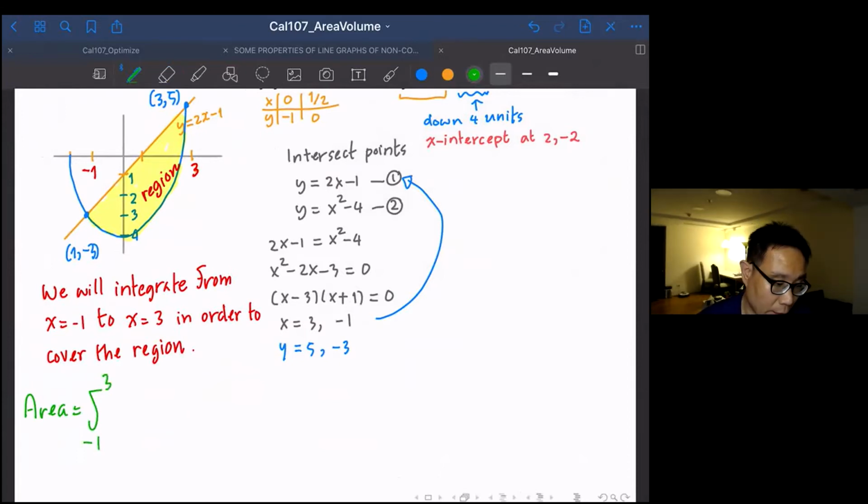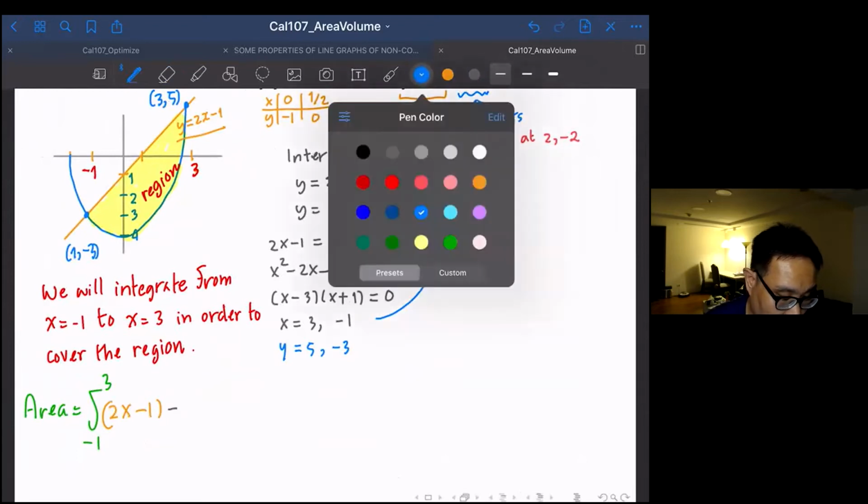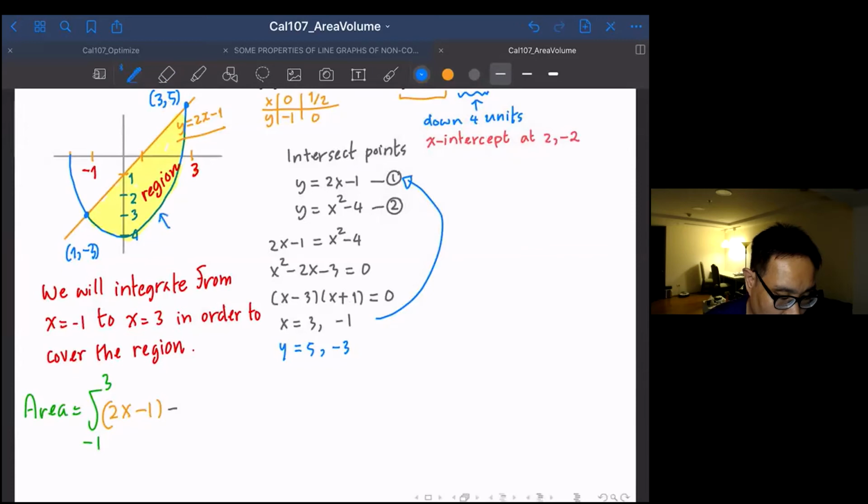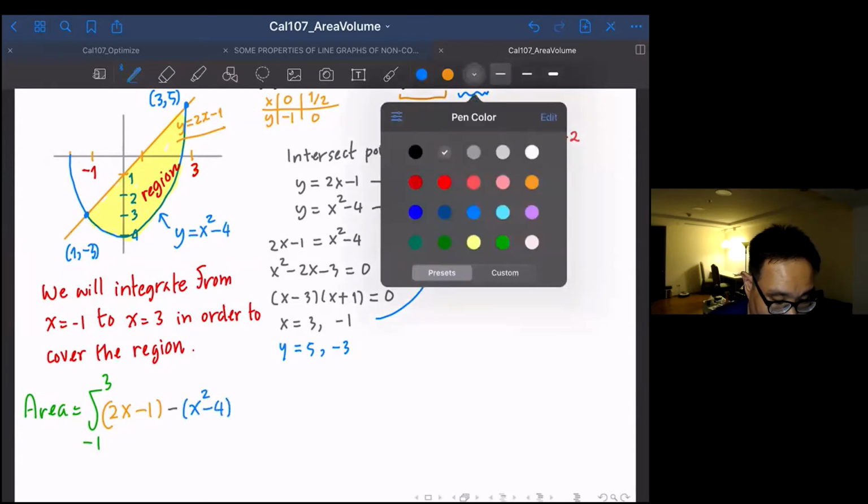And you see that the top function is 2x minus 1, so you put 2x minus 1, the higher function, subtract the bottom one, which is the blue one. In this case, the bottom is y equal to x squared minus 4. So it's going to be x squared minus 4, and you have dx.